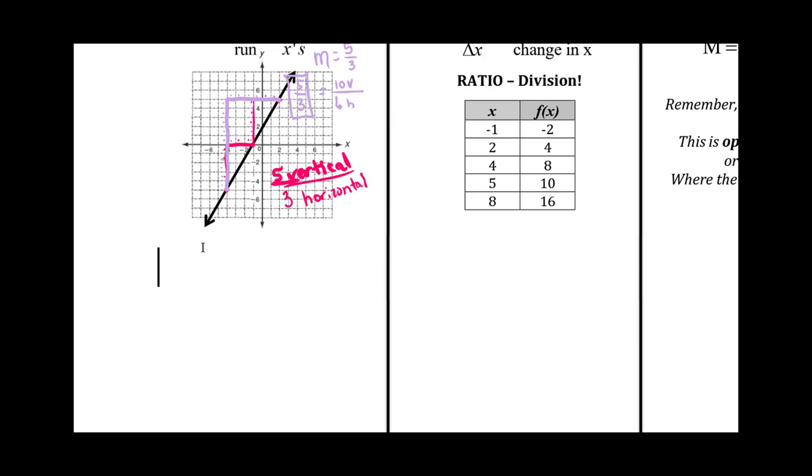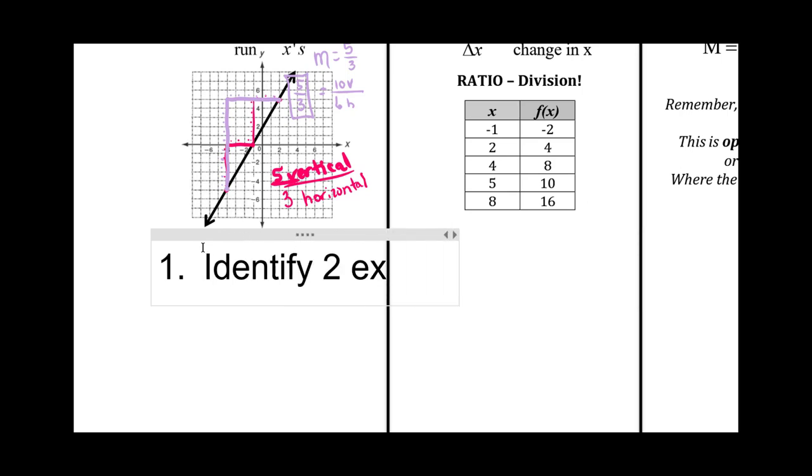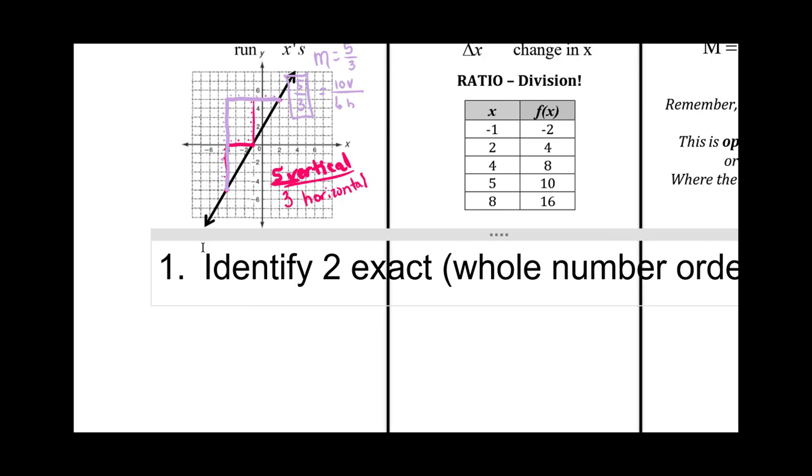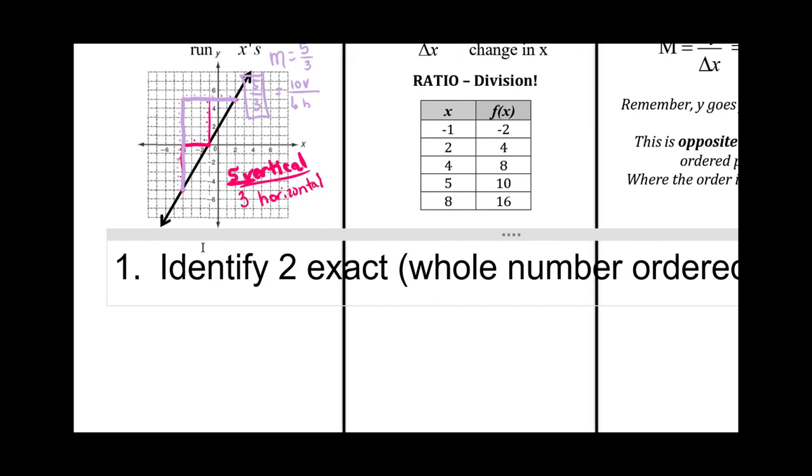So first, if it doesn't give it to you, we're going to identify 2 exact whole number ordered pair points on the line.